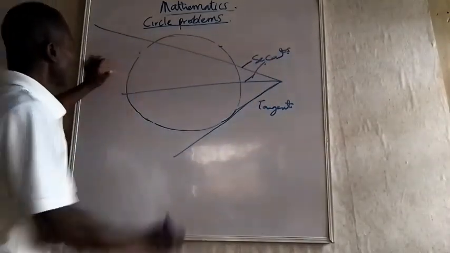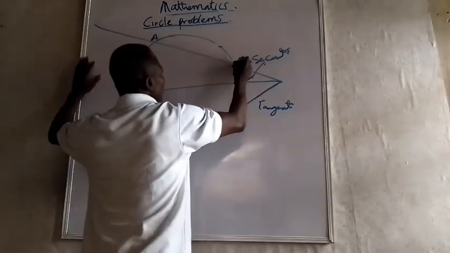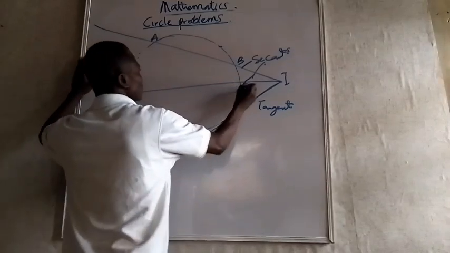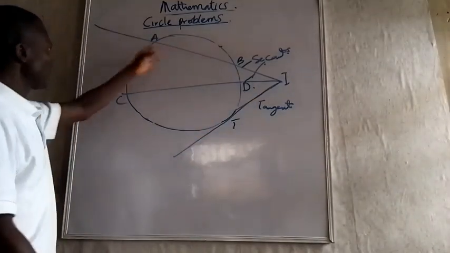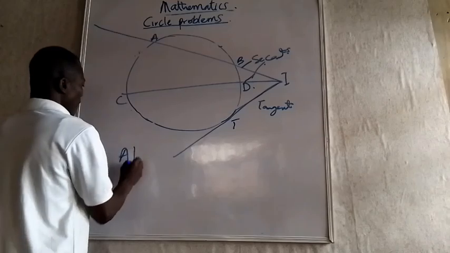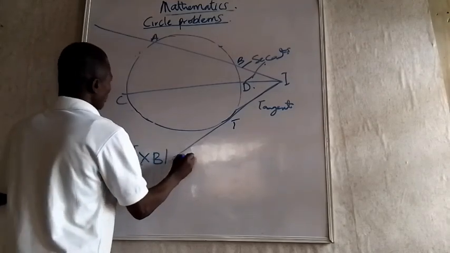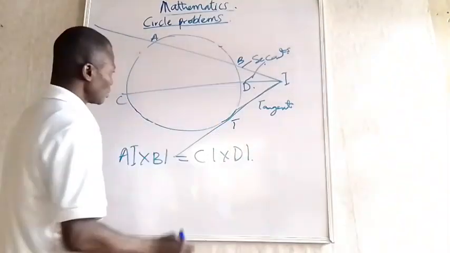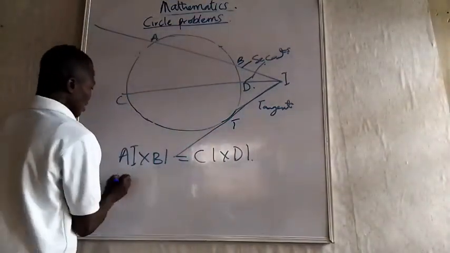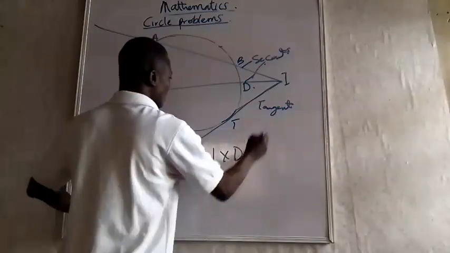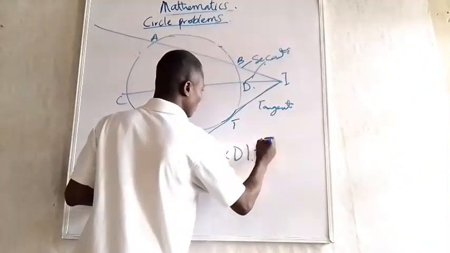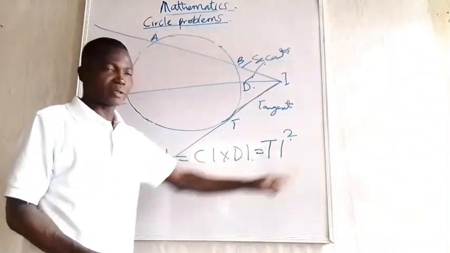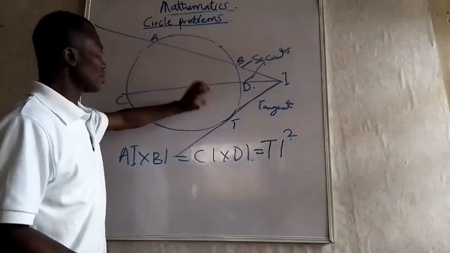And let's call this one A, B, I, C, D. For this type, we mentioned that AI times BI is equal to CI times DI. Please take notes. For this one, we also know that AI times BI is at the same time equal to TI squared. That is one aspect of the secant and tangent.